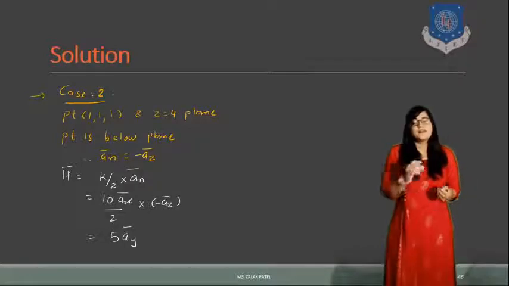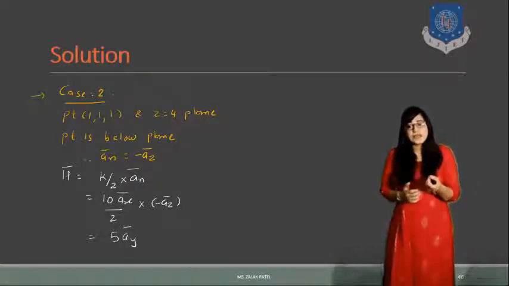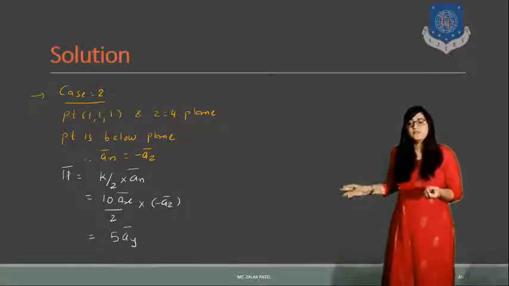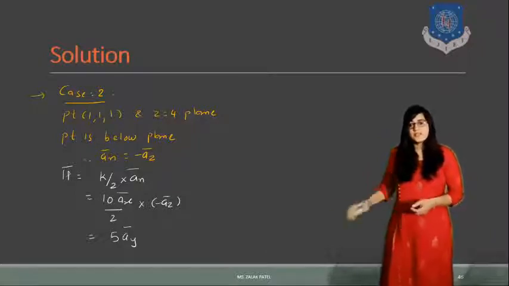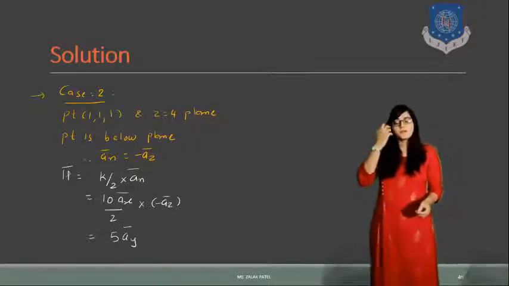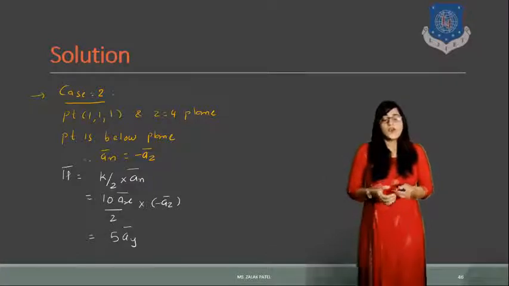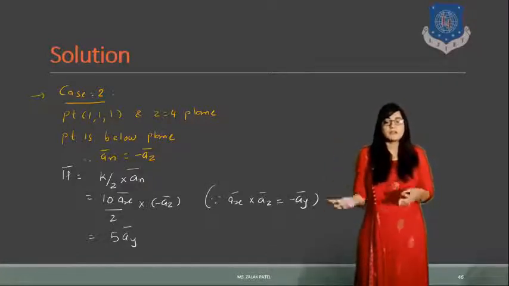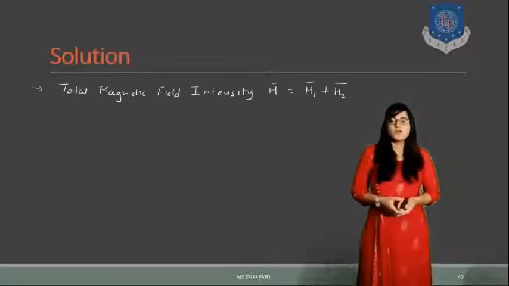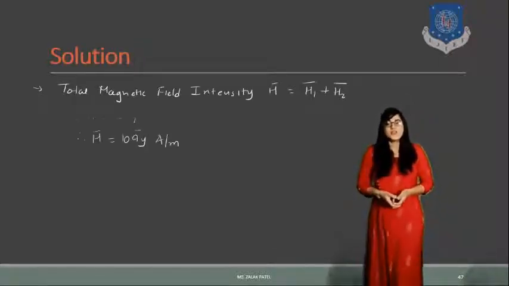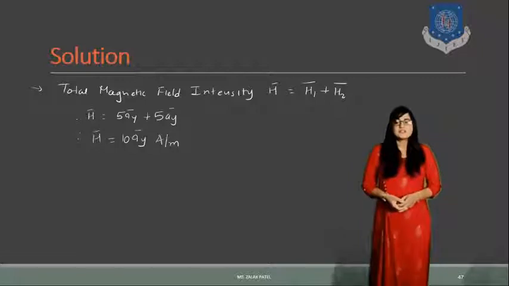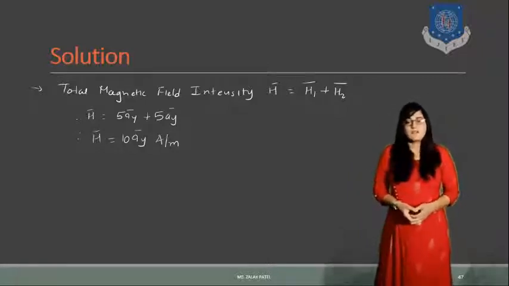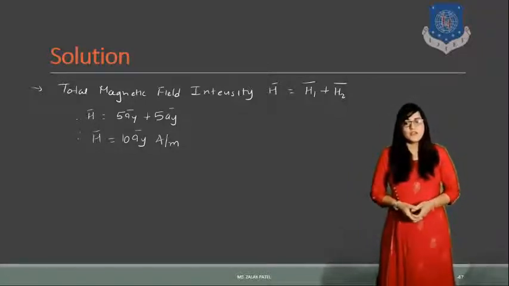Now X cross Z is again minus AY, but there is again a negative sign present in the direction, so it becomes plus 5 AY. Now you have both values, H1 and H2. The total is obviously the addition of both, that is H1 bar plus H2 bar. So it will be 5 plus 5, which becomes 10 AY bar, the total magnetic field intensity.